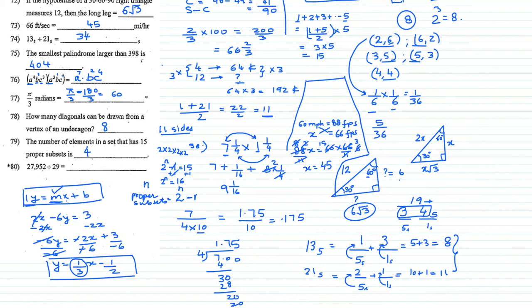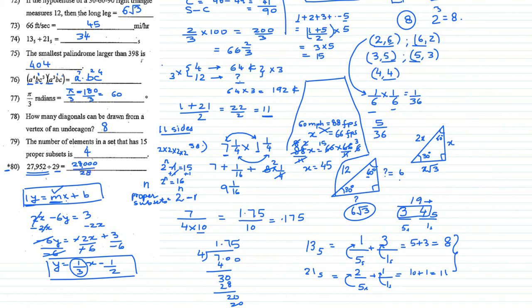Question 80. They are expecting an approximate answer over here. What is 27,952 divided by 29 equal to? So in this case, one way to do this is to approximate this number as 28,000, since this is very close to 28,000, and since we are dividing by 29, in order to make it easier, we can divide this by 28.